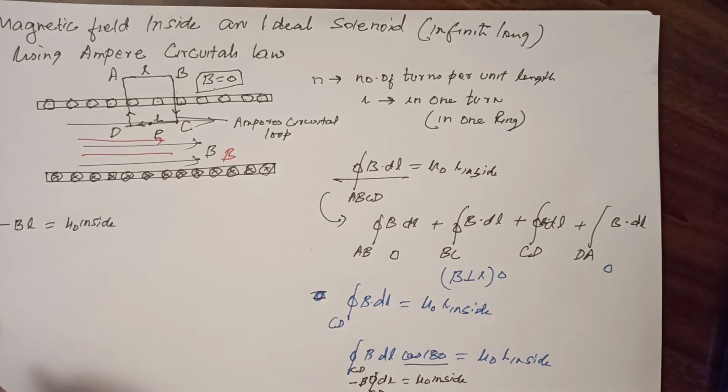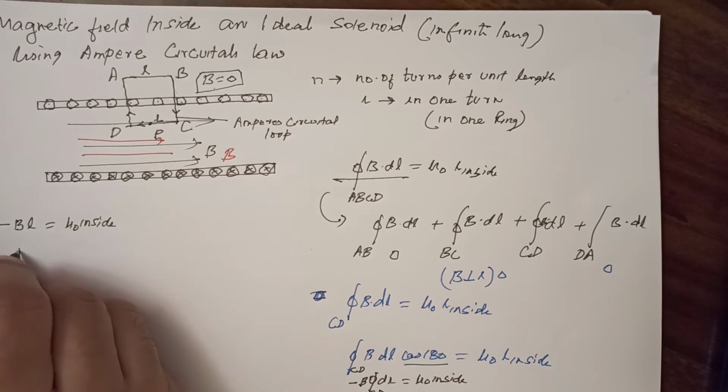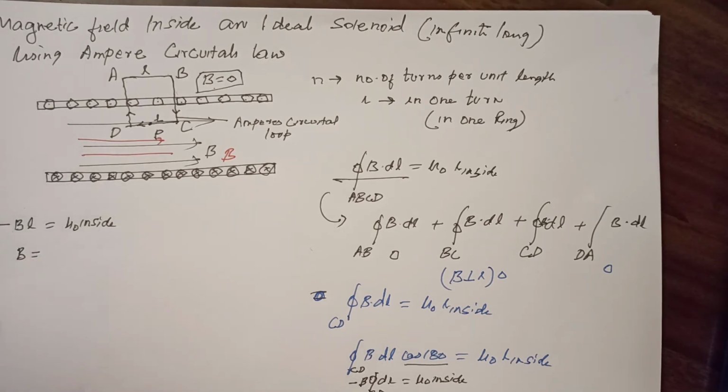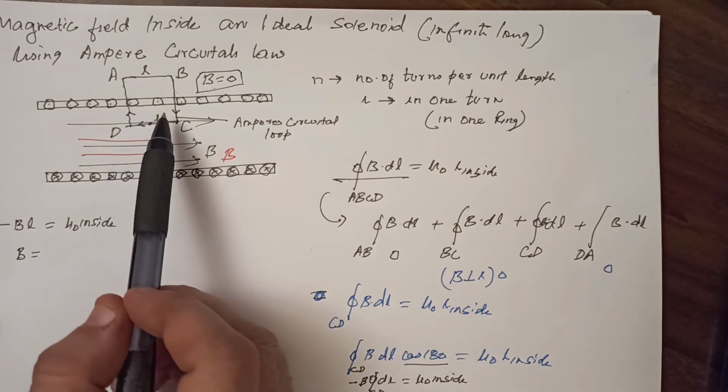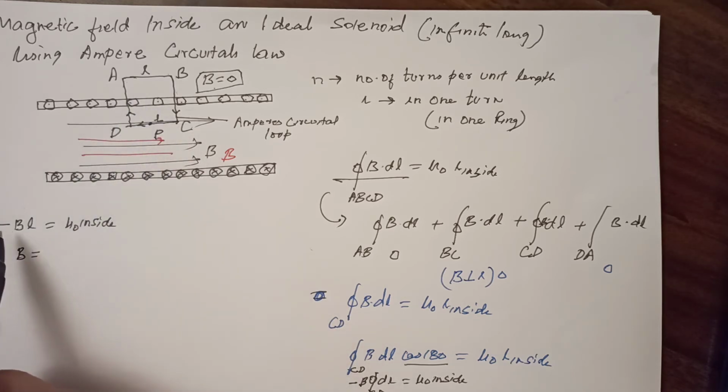Correct? Very good. Now if I have to find the magnetic field, remember this minus has no significance here. The reason being, if we had taken the direction of the current in the Ampere's loop opposite, then it would have been positive. So it just shows the direction.